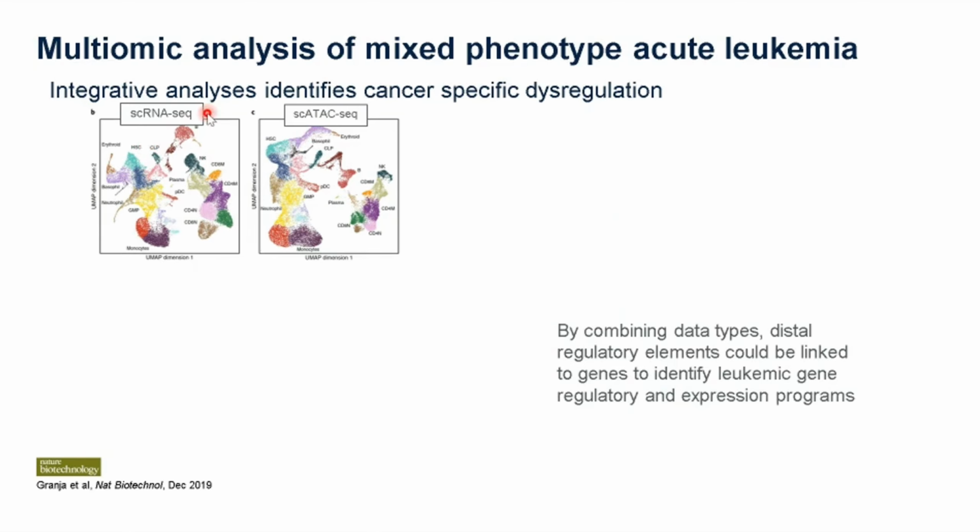This shows the real result from Granja, comparing the gene expression clustering versus the epigenetic information in ATAC. By combining these data types, distal regulatory elements could be linked to genes to identify leukemic gene regulatory and expression programs.